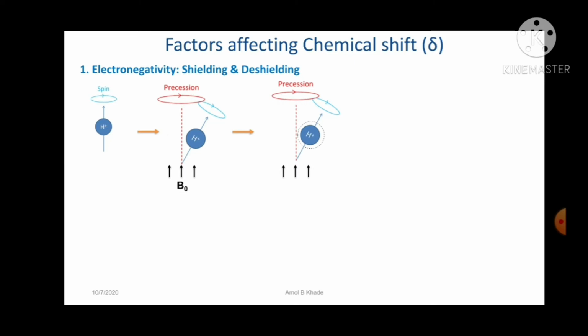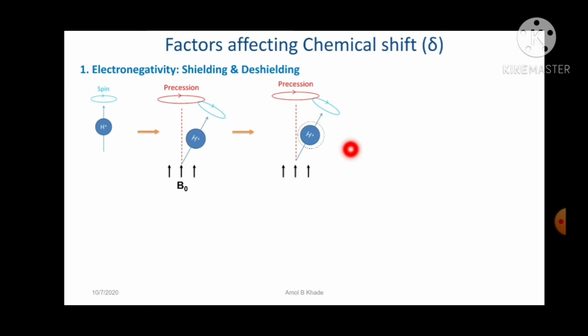Usually the nucleus of the proton is also surrounded by electrons, and we know electrons are also charged particles which carry a negative charge, and they also have a spin moment. So these electrons covering the nucleus surface are negatively charged, and because of the electron cloud and the spin moment, the electrons will also generate their own magnetic field.